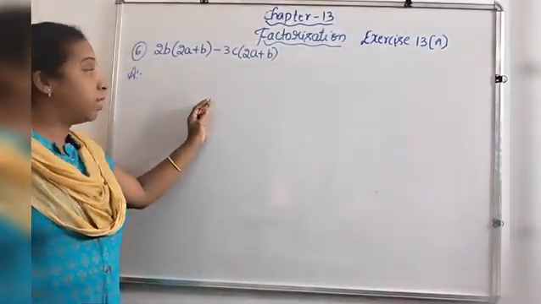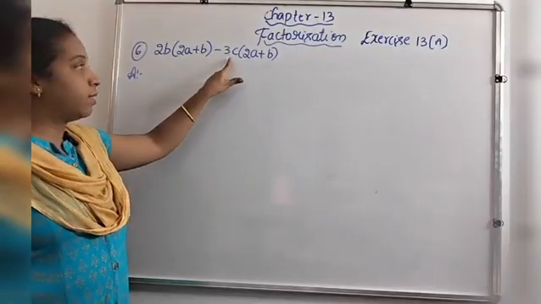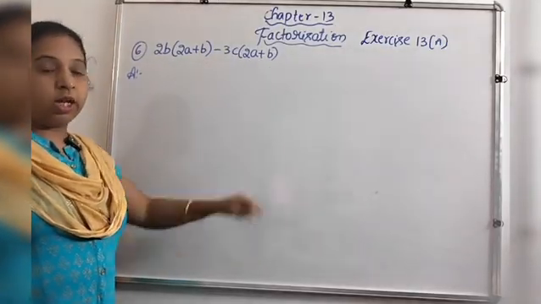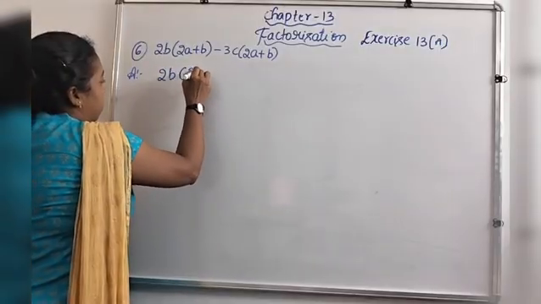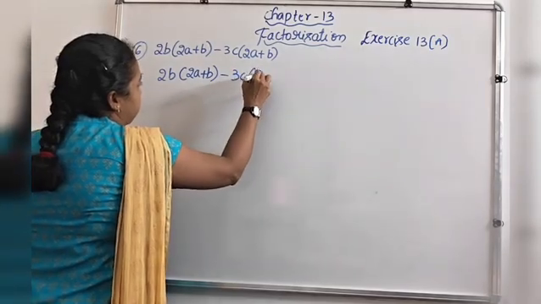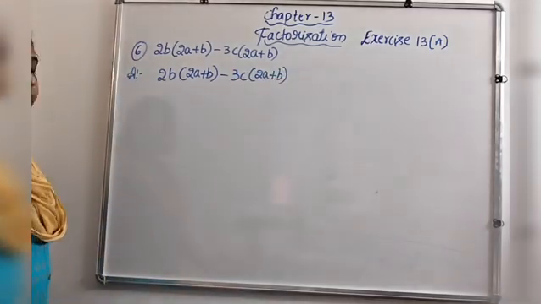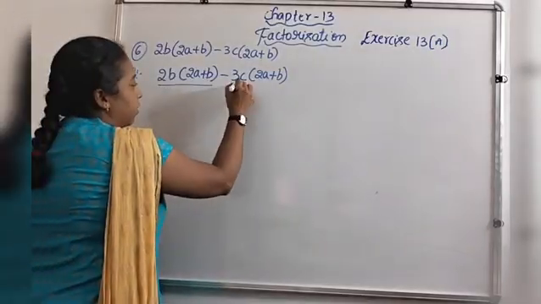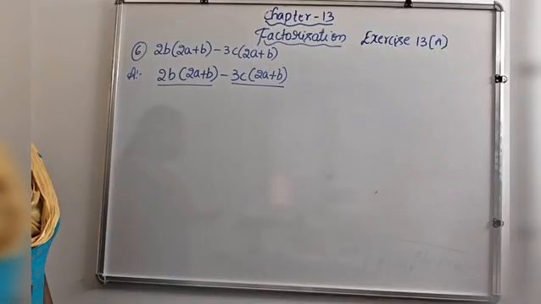This is the sixth question. The sixth question is 2b into 2a plus b minus 3c into 2a plus b. So once again we can write the question as it is. So how many terms are there? 1, 2 terms are there, right? In these 2 terms, 2a plus b is the common factor.